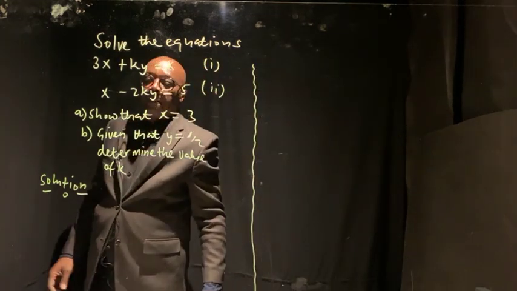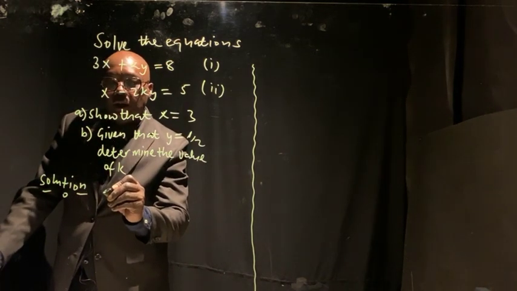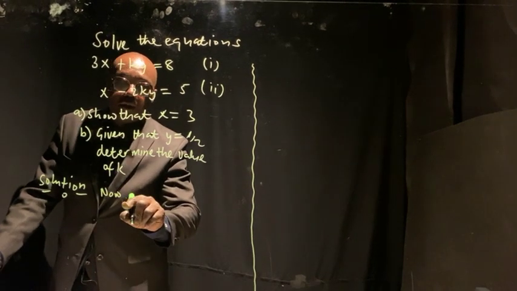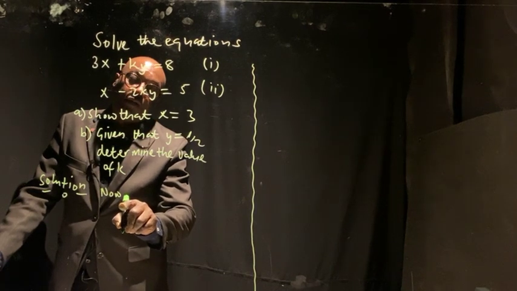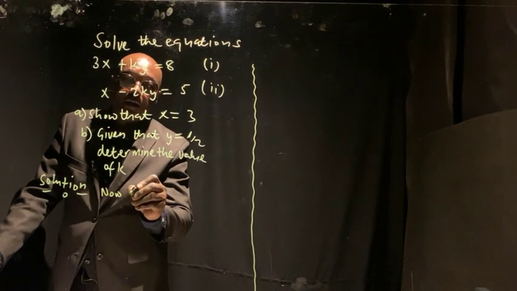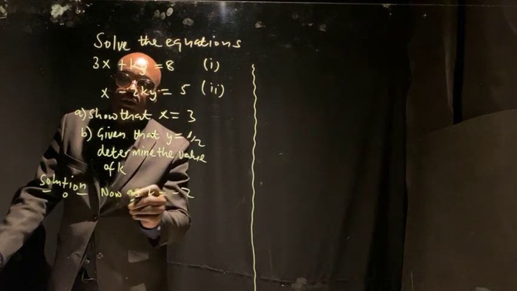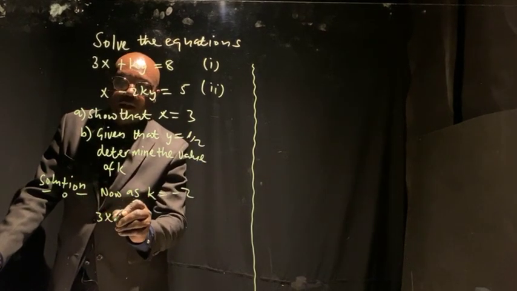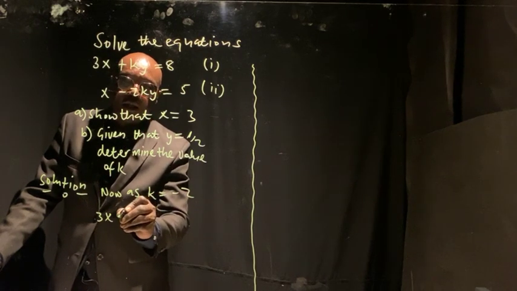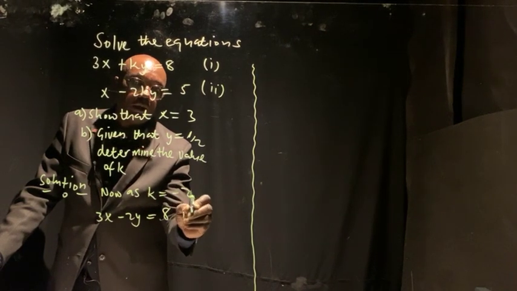Okay, now, let's say we have the first equation. As we've already found the value of k, with k equal to minus 2 in both equations, we have 3x plus ky. We know that k is minus 2, so it will be minus 2y equals 8. This is the proper equation 1.